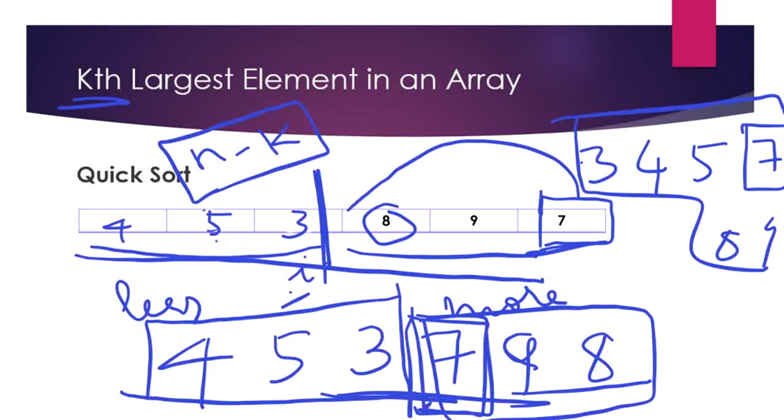So here the index of 7, that is our pivot element, is 4. So our second largest element exists in this example at the index 5. So we know at which position our output exists. So this is the position we need to take.